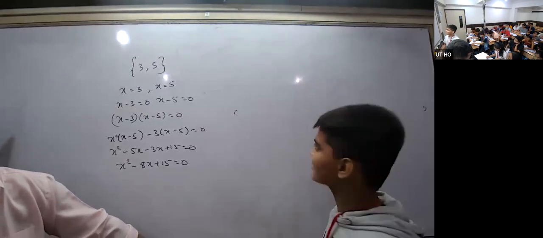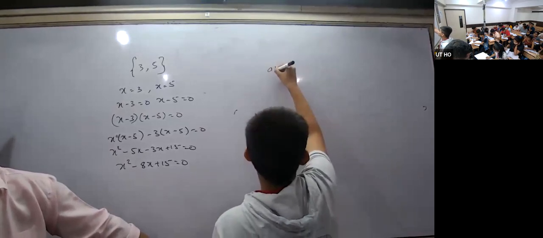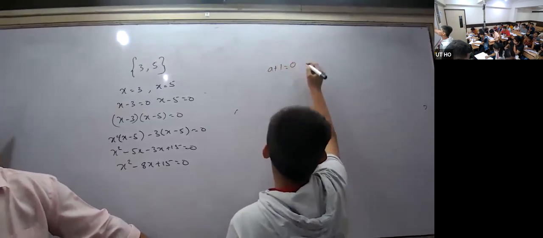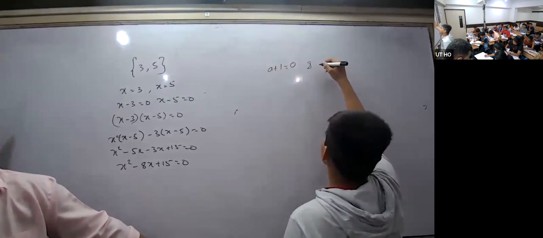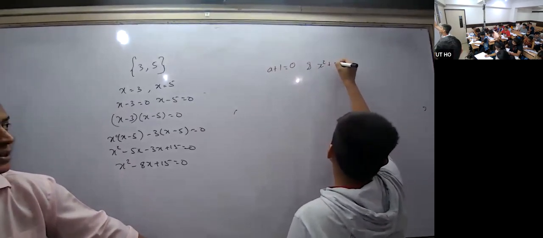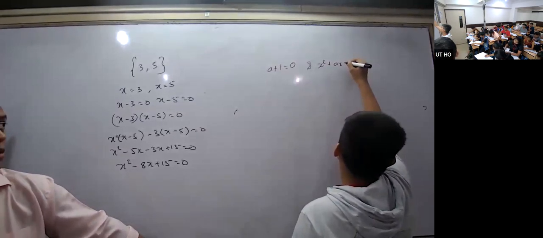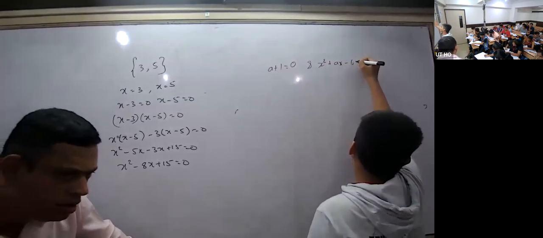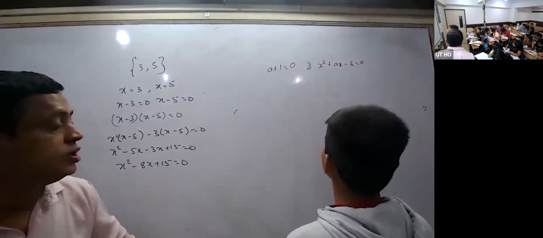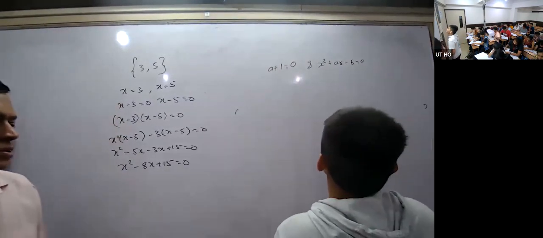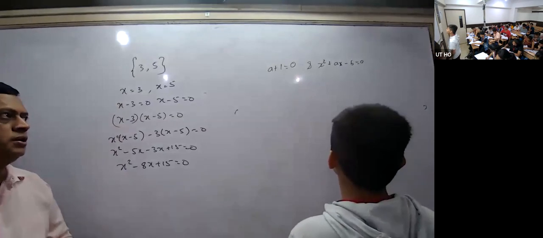a plus 1 is equal to 0, and x square plus ax minus 6 equal to 0. Are you following? You have to find the value of x. Simple now.